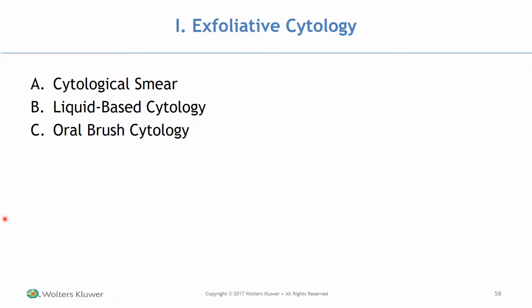So exfoliative cytology is a minimally invasive approach to obtain cell samples for diagnosis of suspicious lesions. Okay, exfoliated cells and cells beneath the basal cells are removed by physical procedure such as surface scraping or brushing, rinses or saliva specimen. A number of studies have been conducted to evaluate the different instruments used for obtaining cytology specimens.